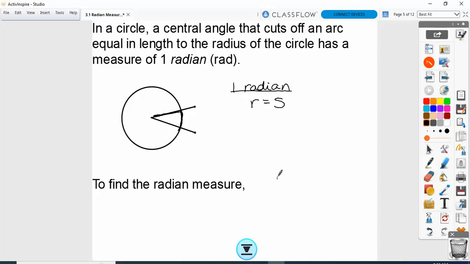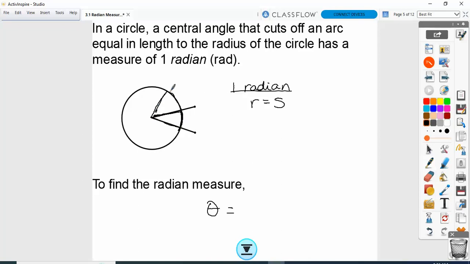So to find that measure, our angle, as I move around my circle, the radius never changes, does it? But the arc length will get bigger. If I take a bigger angle, the arc length grows.